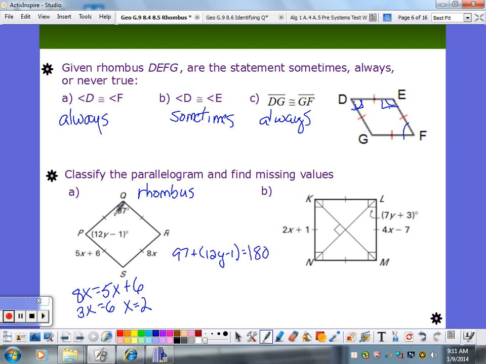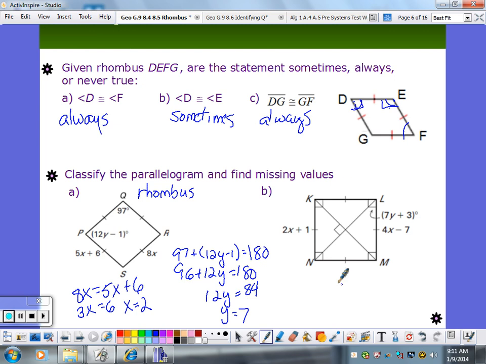It's a parallelogram, which means consecutive angles are supplementary, so we can set that up. That's -6 plus 12y is 180. What's 180 minus 96? I want to say 84? Not good in my head here. Divide 84 by 12. What did I get? 7? Yes. x is 2 and y is 7.